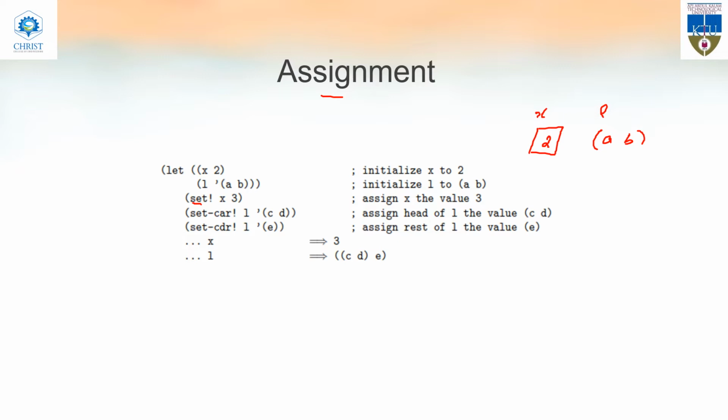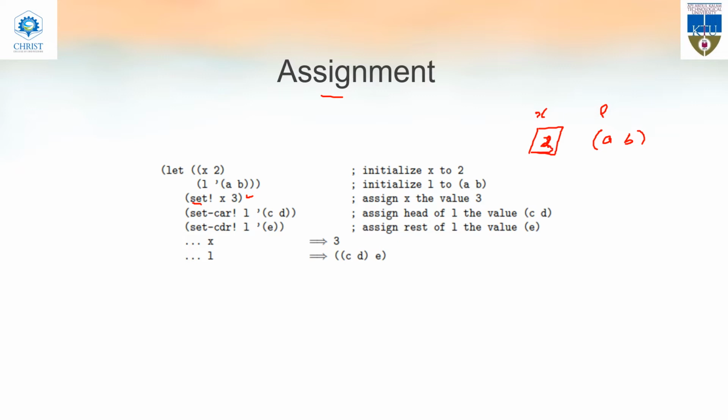For changing these values, I can use the keyword set. To change the value of x, I am writing set! x 3. x was having the value 2, so if I execute this, the value of x changes to 3.